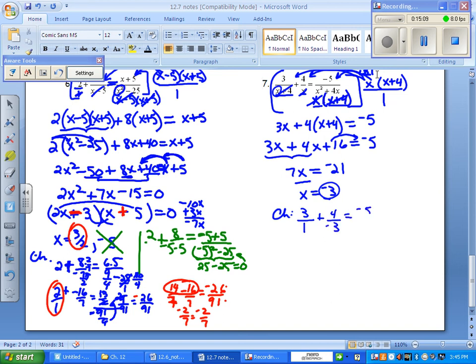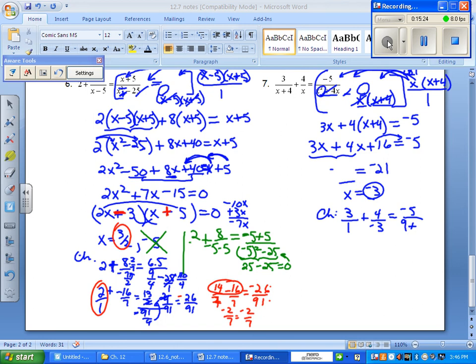Does that equal a negative 5 over, take your negative 3 and square it, you get 9, plus 4 times your negative 3 is negative 12?